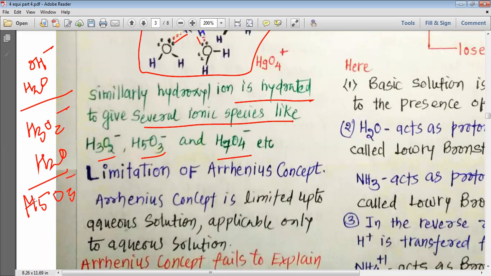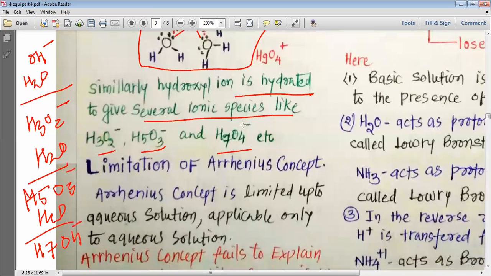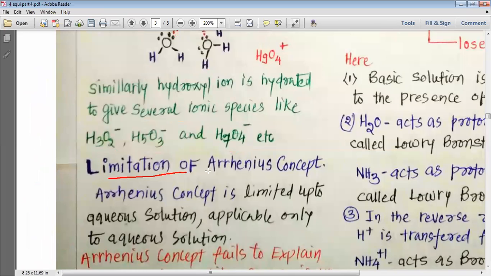Again, if you add one more molecule of water, you can have H7O4-. So you can see these are the various species that can also be produced when our hydroxyl ion OH- is hydrated in water. Now this is what it was all about, the Arrhenius concept of acid.